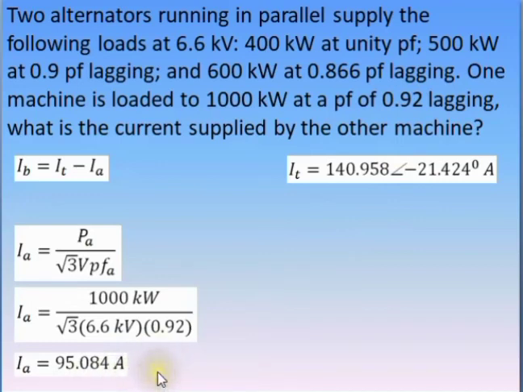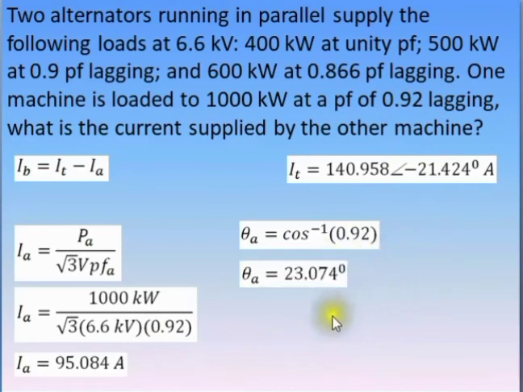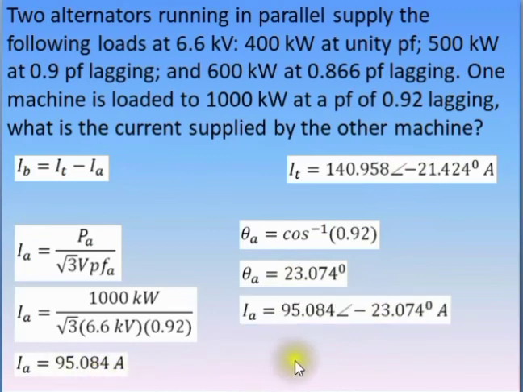At kunin naman po natin yung kanyang angle, 0.92 po yung kanyang power factor doon. The inverse cosine of 0.92, we have here 23.074 degrees. At dahil power factor niya po ay lagging, magiging negative po siya pag kinombine natin sa value ng current IA. IA equals 95.084 angle negative 23.074 degrees amperes.